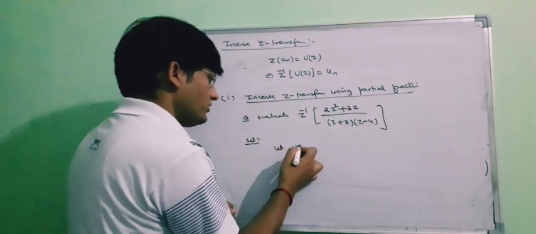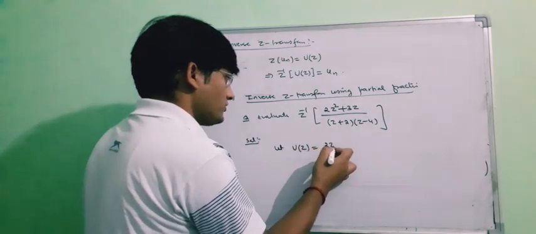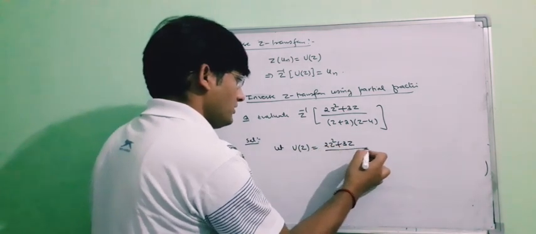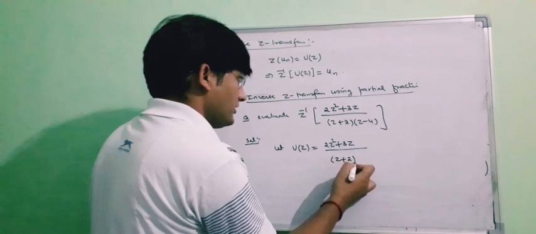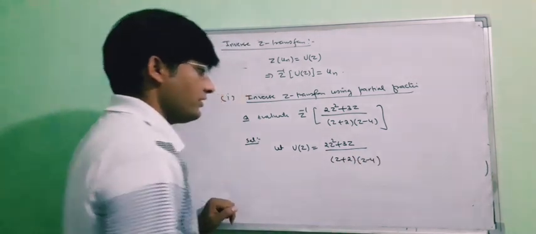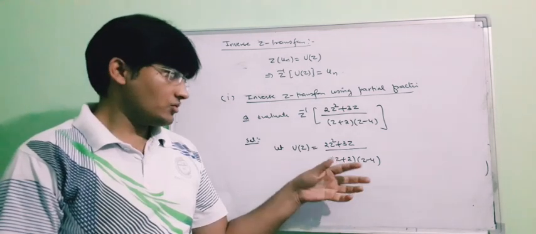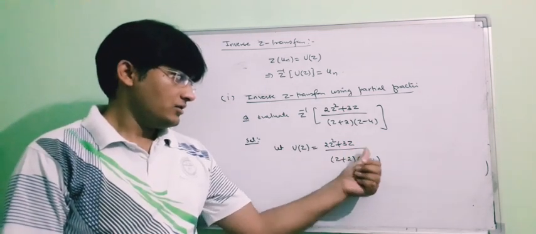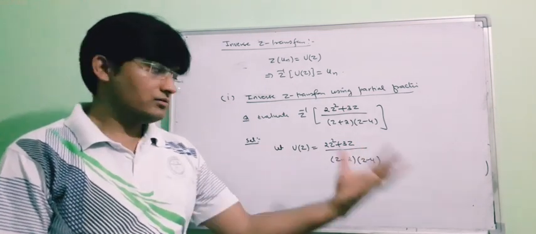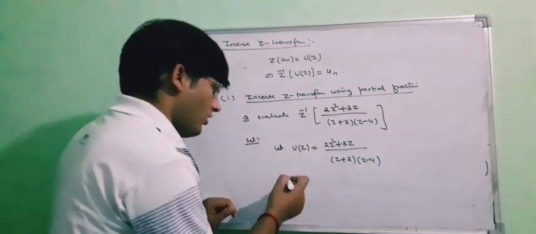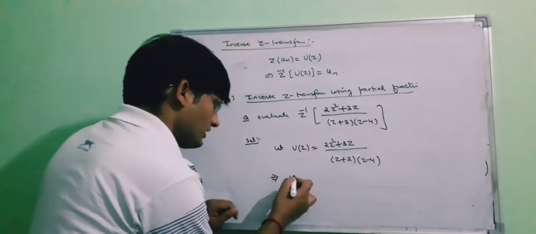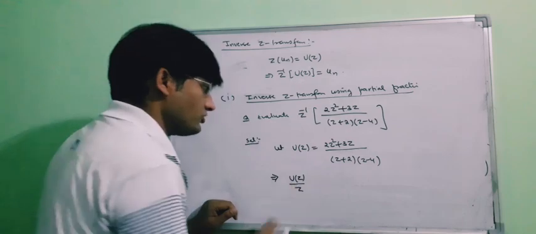Let uz equal to (2Z square plus 3Z) into (Z plus 2)(Z minus 4). Now here you can see that the degree of the numerator and denominator is same. So either you can divide this numerator by this term and then take the inverse transformation, or let us take this uz upon z.